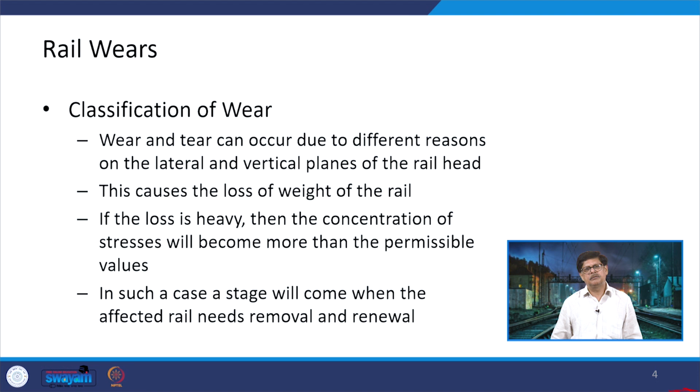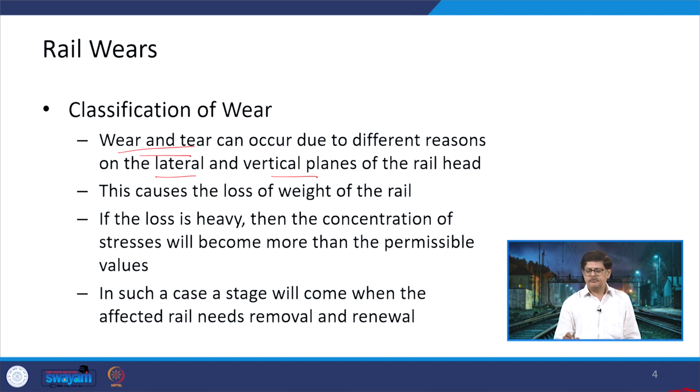It can also happen due to tracks passing through coastal areas, deserts or tunnels. So there are different environmental, track related or load related aspects due to which the wear and tear occurs in the rail sections, and it occurs in the lateral and the vertical planes of the rail head.